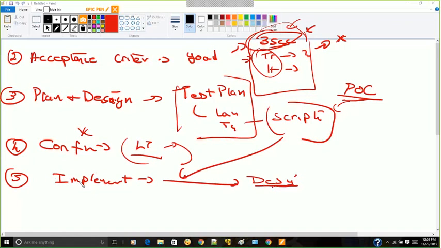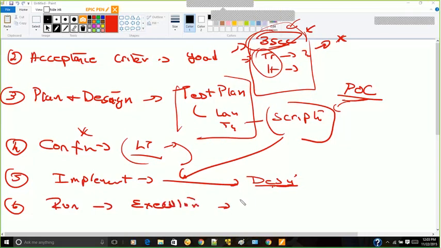Then the sixth one is run the test. Run is where you're going to run your execution. This is where you're going to execute with X number of users, with a proof of concept, to see whether everything you have identified and planned starts showing up.